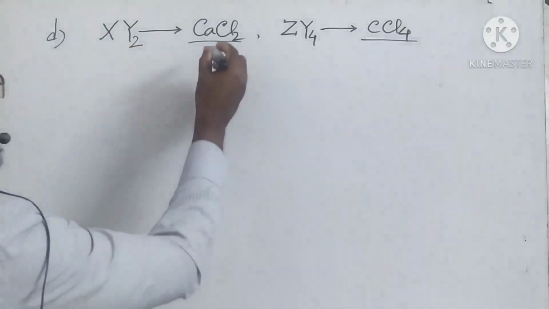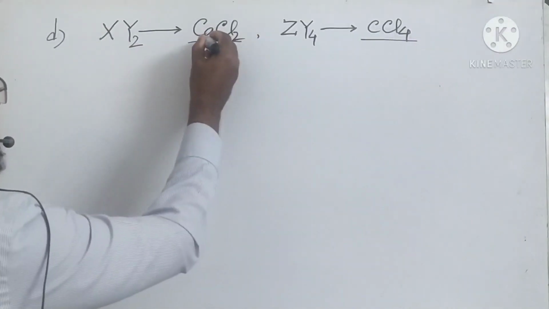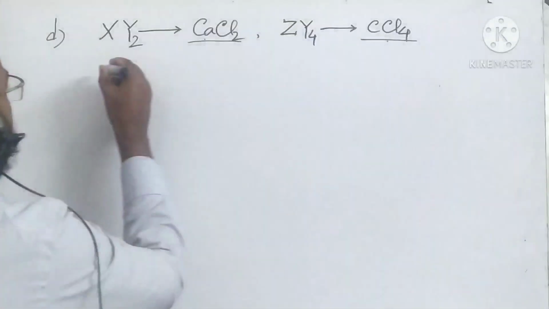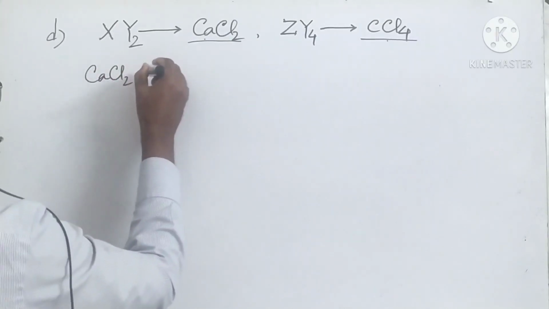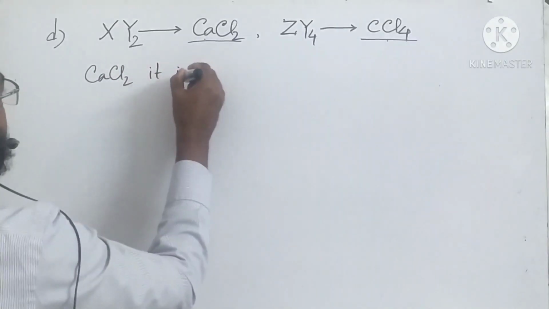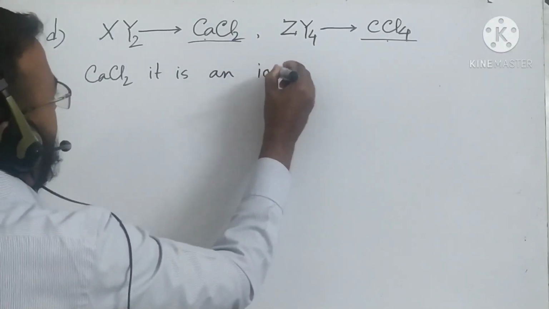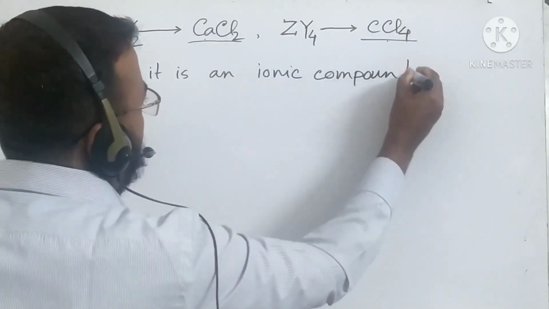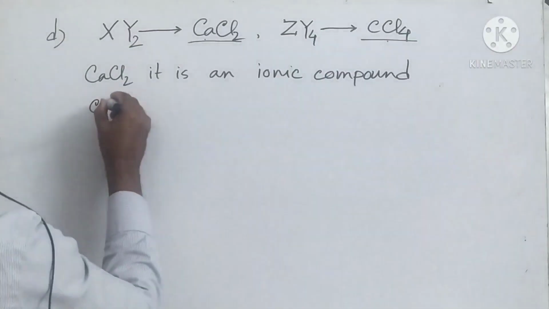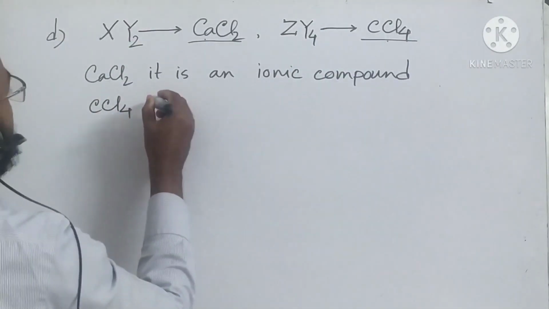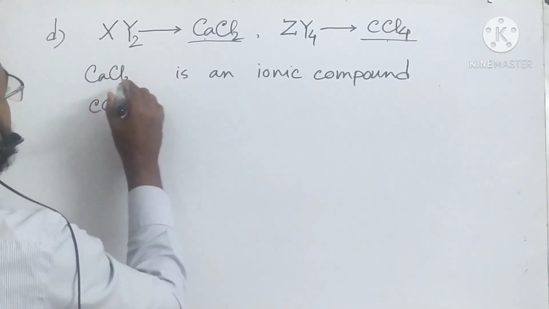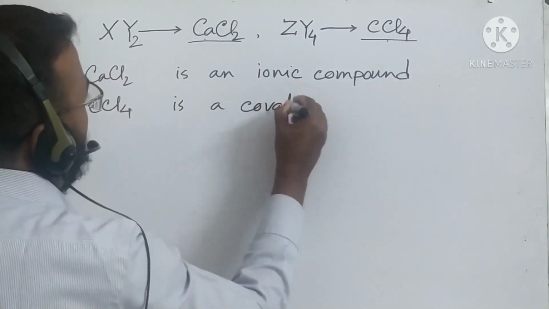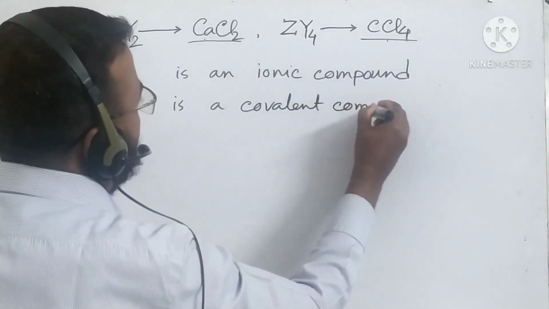It is told that this one is dissolved in water, but this one is not dissolved in water. We have to explain. So calcium chloride is an ionic compound, but CCl4 is a covalent compound.